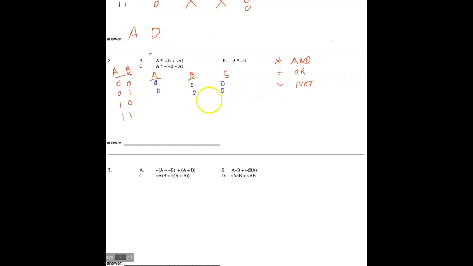Okay, so 1, 0, where A is 1 and B is 0. So plugging carefully the 1 in for all the A's, plugging a 0 in there for that B. We work from inside the parentheses out. The not of 1 is overall 0 there.